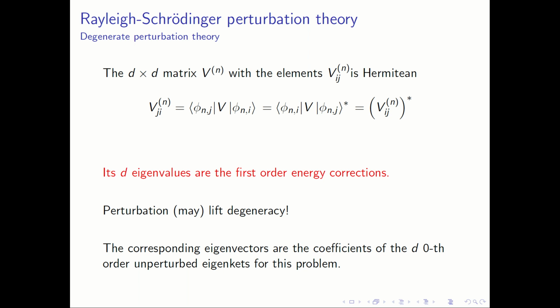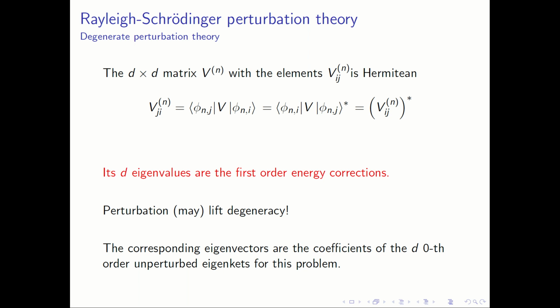Just to recap this point for stress, in the non-degenerate theory, the zeroth order equation immediately gives you both the energy eigenvalues and helps you to identify what the eigenkets are. In degenerate perturbation theory, on the other hand, the zeroth order equation tells you what the eigenvalues can be, but if an eigenvalue is degenerate, it cannot uniquely identify its eigenket at that stage.